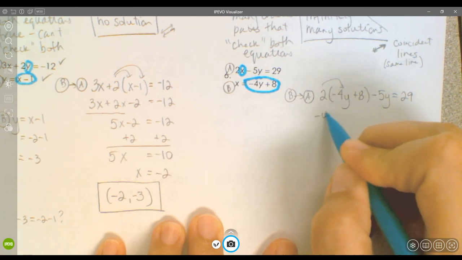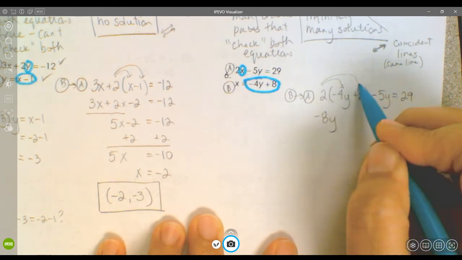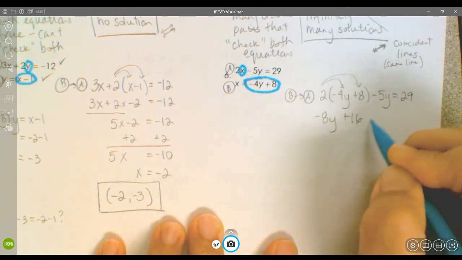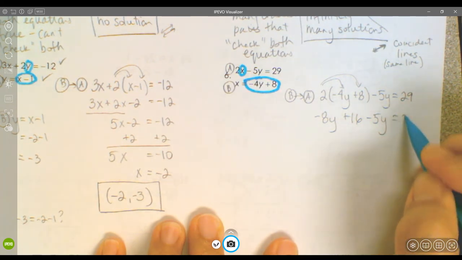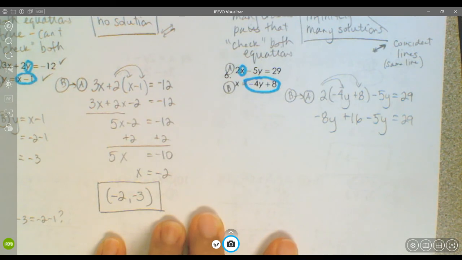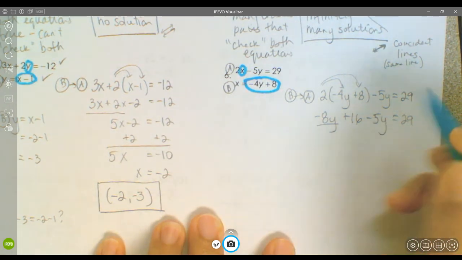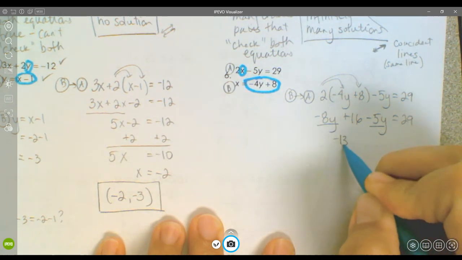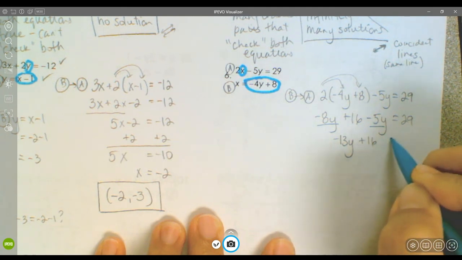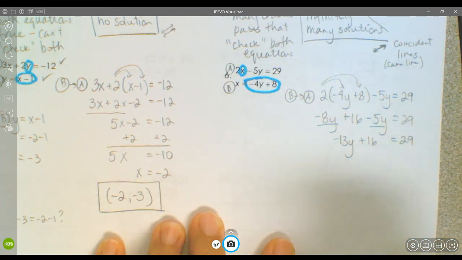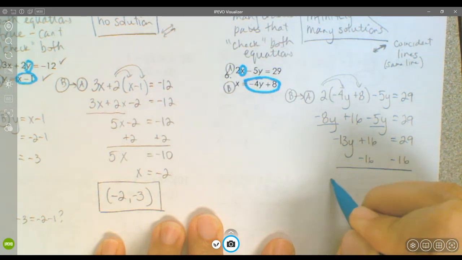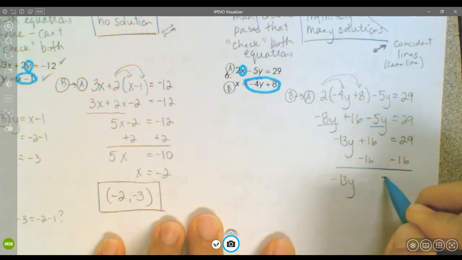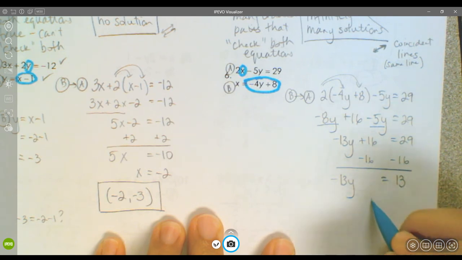So I'm going to distribute here, negative 8y plus 16 minus, I bring down my minus 5y, that equals 29. I've got like terms here, negative 13y plus 16 equals 29. We will subtract the 16 from both sides. Negative 13y equals 13.